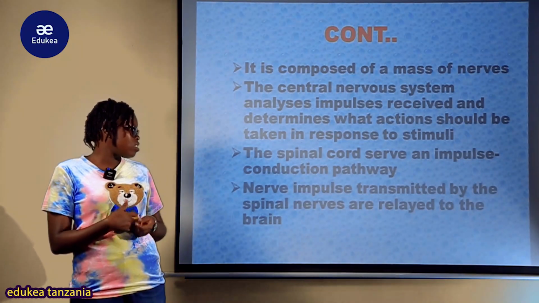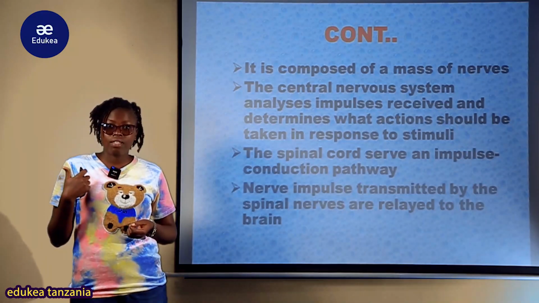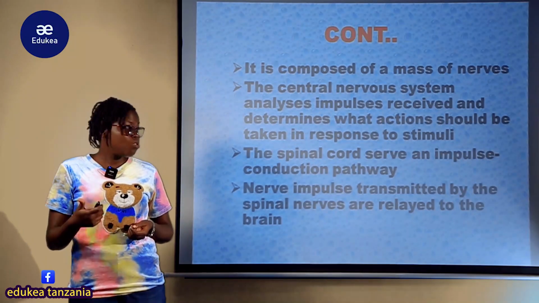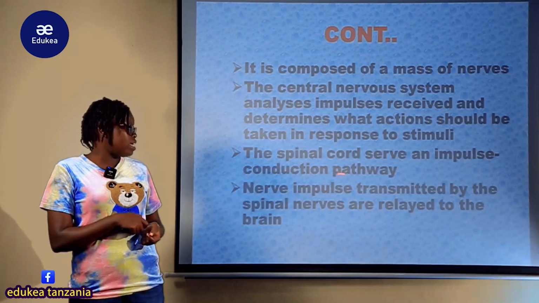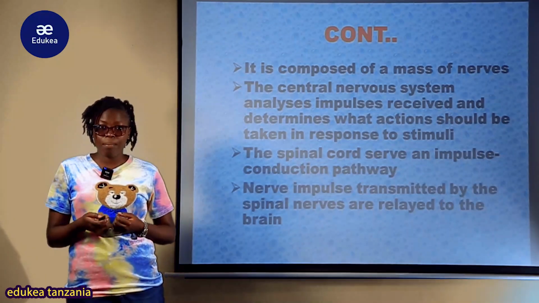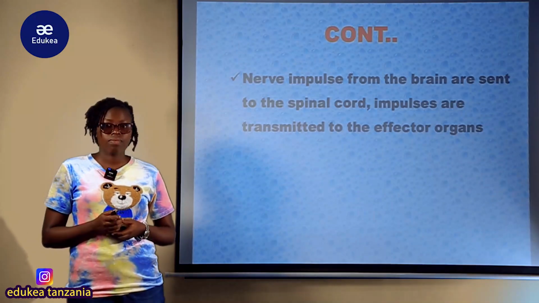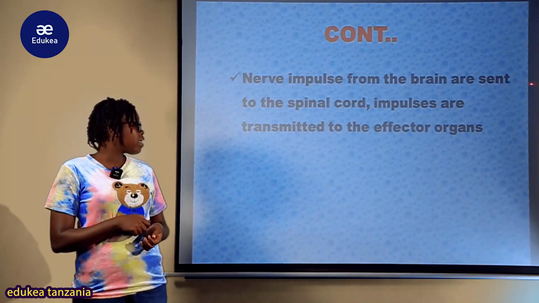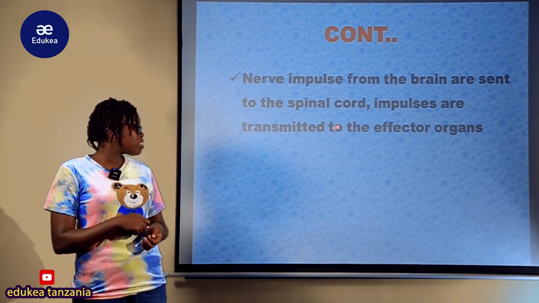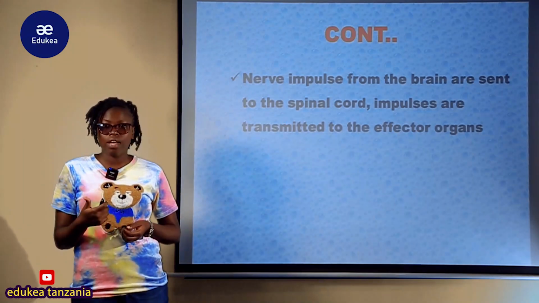So that's why I say that the spinal cord functions as a conduction pathway for these nerve impulses. The nerve impulses from the brain are sent to the spinal cord and impulses are transmitted to the effectors organ.